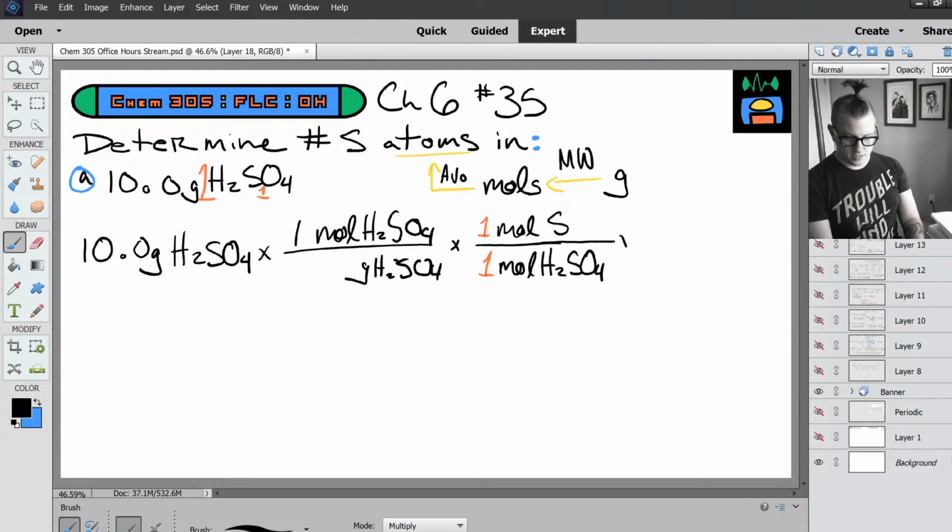Then we convert from moles of sulfur to atoms of sulfur using Avogadro's number.